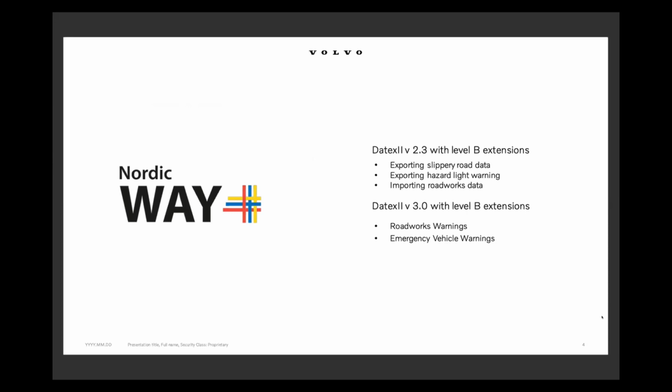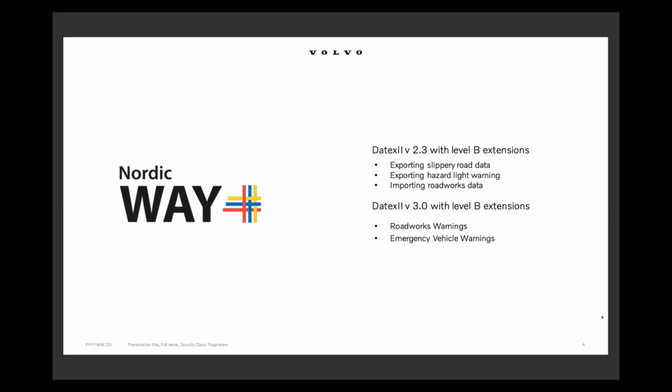So here we have been using DATEX II version 2.3 from 2016, and I think we still have some version 2.3 deployments in production, quite close to the standard specification, but with some Level B extensions. And here we are exporting slippery road data, the hazard light warning data, and we are importing standard road data from the Swedish national access points.